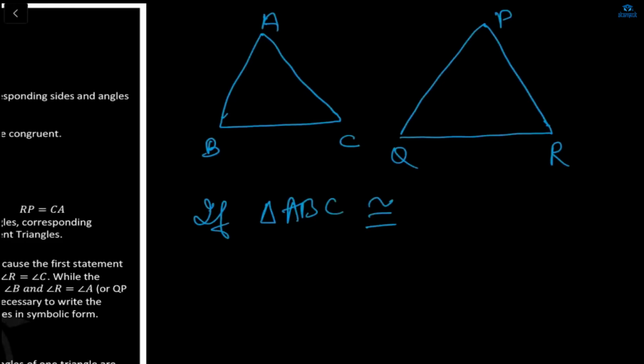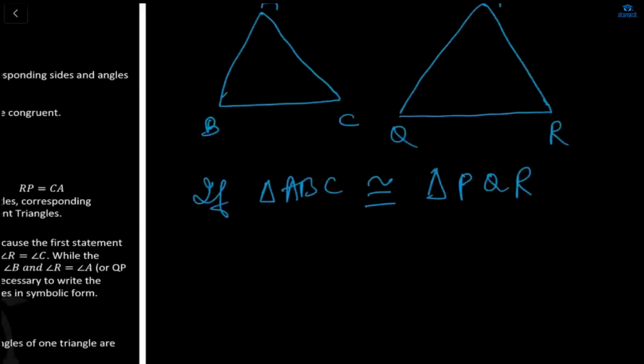Remember this. I've learned congruency before. That's very good. In fact, triangle PQR. If you're saying that triangle ABC is congruent to triangle PQR, this means that AB is equal to PQ. Now see, I'm saying ABC.